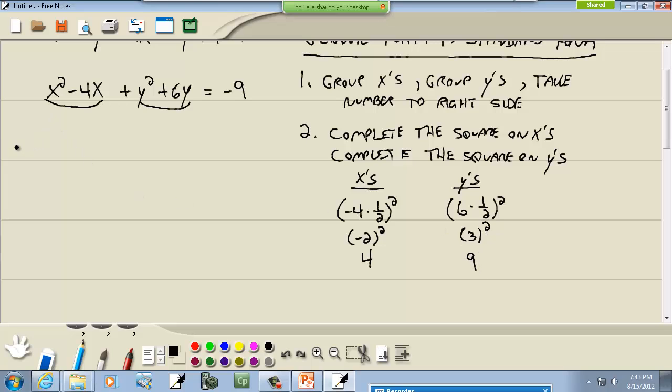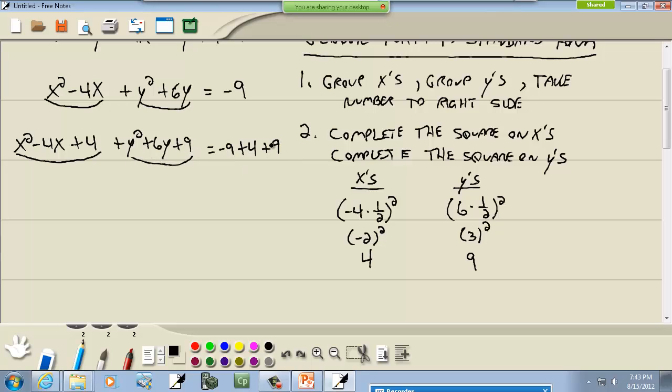Now what we're going to do is add that number to both sides. So I got x squared minus 4x plus 4. Now notice we're putting it in with the grouping of the x's. And over here I'll have negative 9 plus 4. Now for the y's, we came up with 9, so we're going to have y squared plus 6y plus 9.